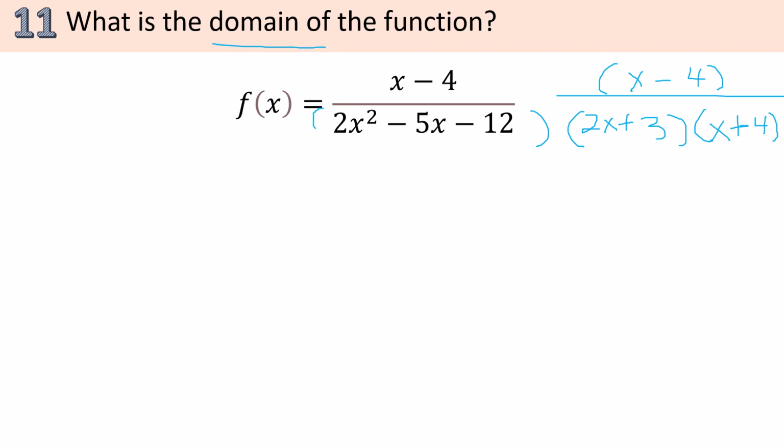All right, set each of the factors in the denominator equal to 0. So I'll start with 2x plus 3 equals 0, and I'll solve for x. We'll subtract 3 from both sides, and we get 2x equals -3, and then divide by 2, and you get x is equal to -3/2.